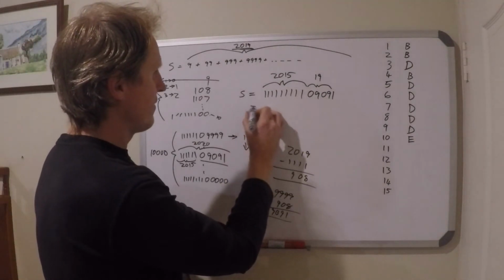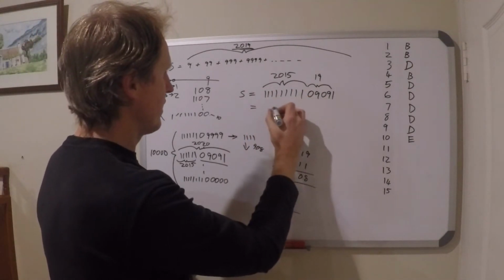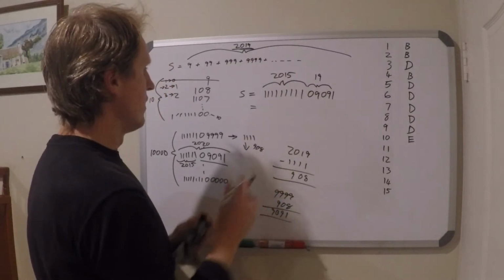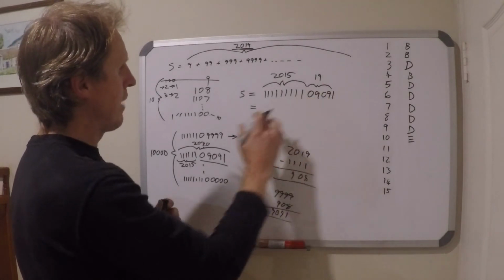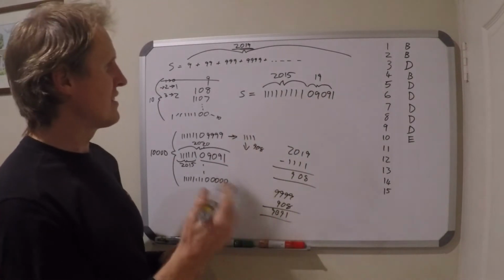And therefore our final solution is, okay, S is the number, but we want the sum of the digits.